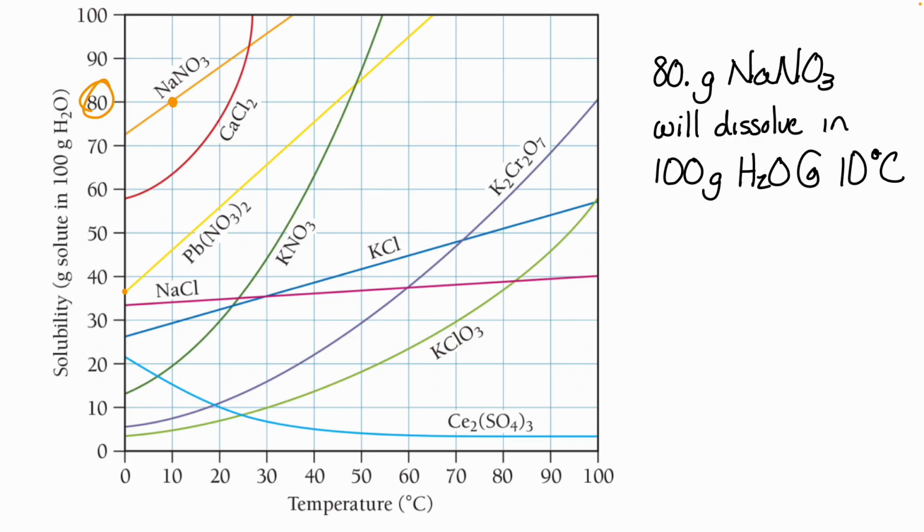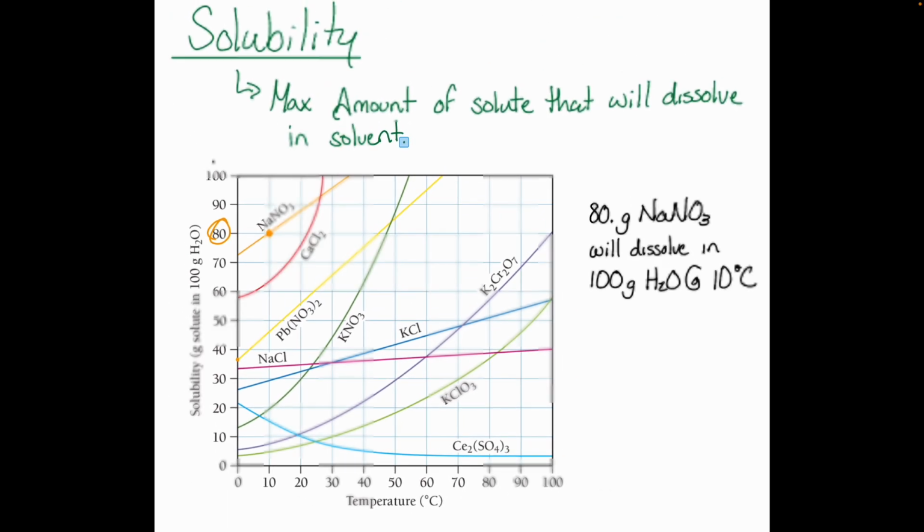So, if I had 40 grams of sodium nitrate, would that dissolve in 100 grams of water? Yes, because our solubility is the maximum amount. I can get up to 80 grams of sodium nitrate in those 100 grams of water. Anything less than that will also dissolve.